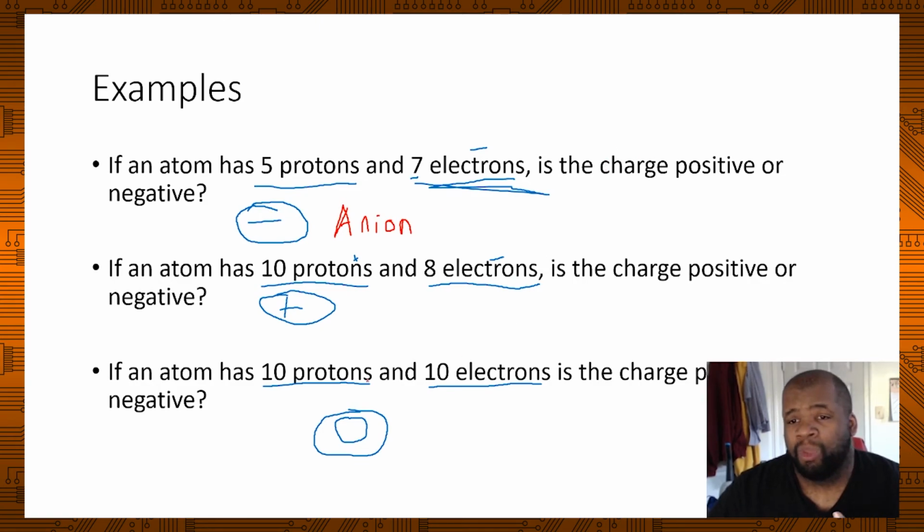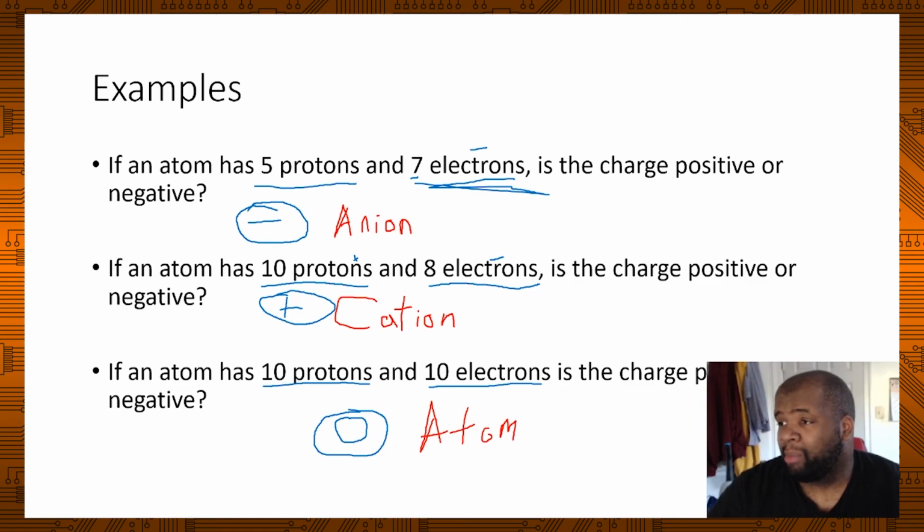Atom 2, because it has a positive charge, we will then refer to it as a cation. Number 3, it is neither. This is just an atom. Nothing special about it. It's not an ion. This is just a normal atom.